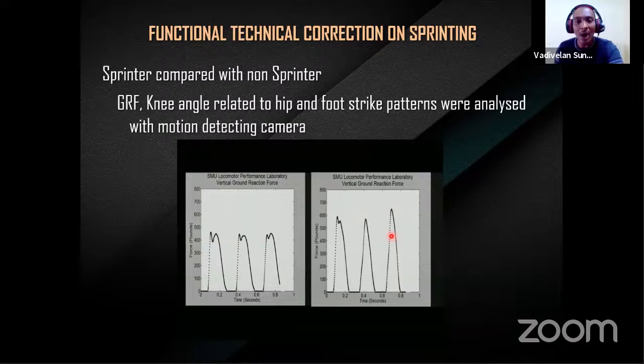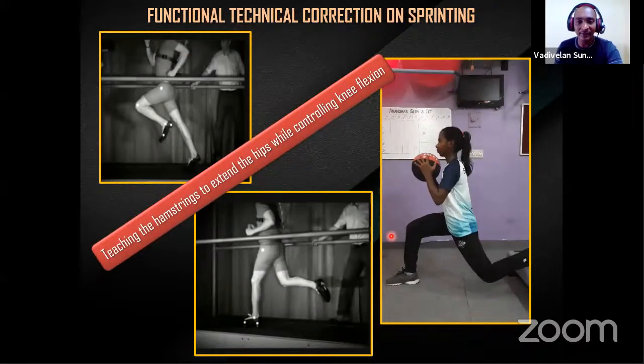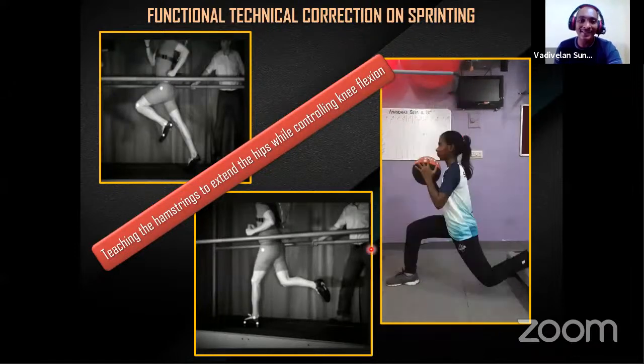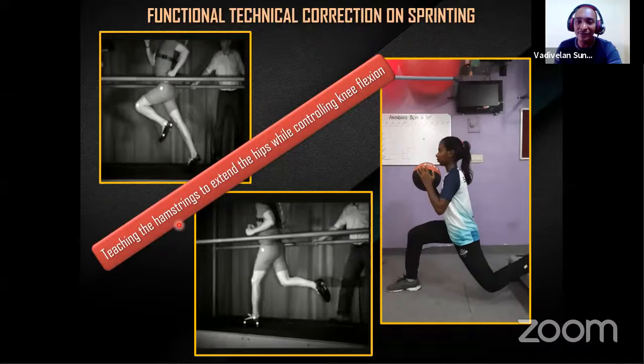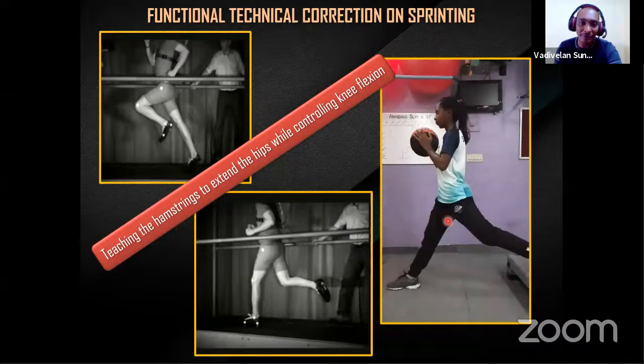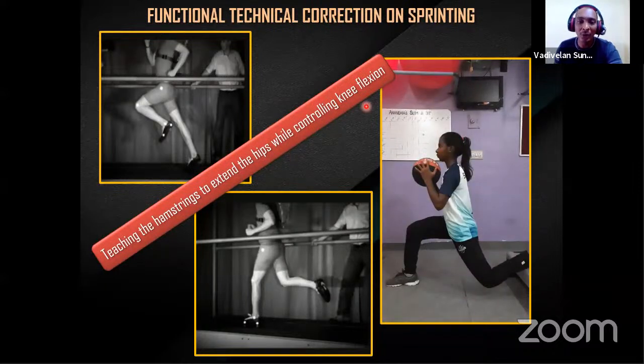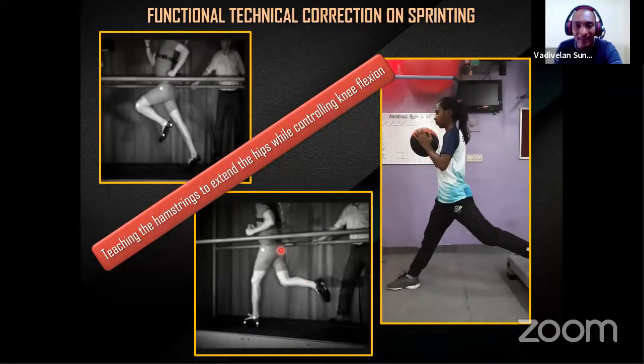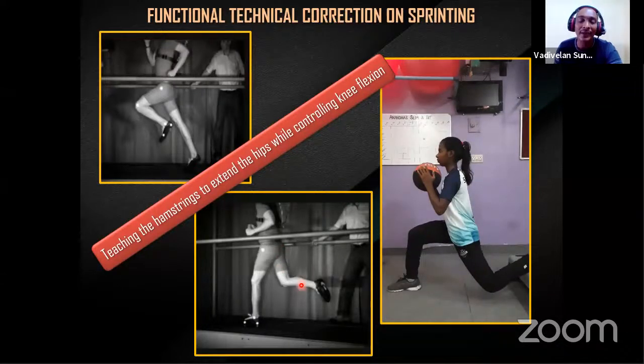So how can this functional training be done? As I said before, when we train the hamstring, there are lunges teaching the hamstring to extend the hip while controlling the knee flexion. Look here. The running position, the athletic position, is extending the hip while controlling the knee, which is the lack of training.